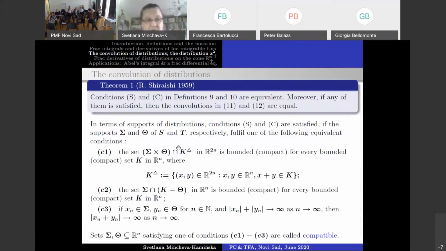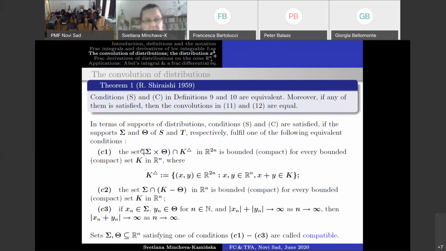For us, it's essential that the conditions S and C in these definitions of Schwartz and Chevalley are equivalent. Moreover, when one of these conditions is satisfied, both convolutions exist and are equal.